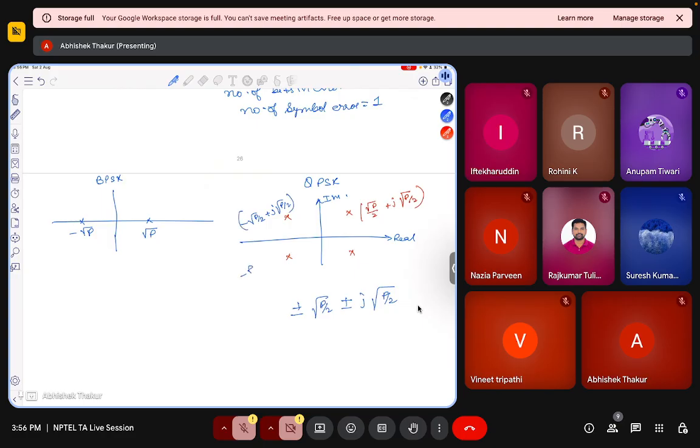This is the third symbol, and this is the fourth symbol.